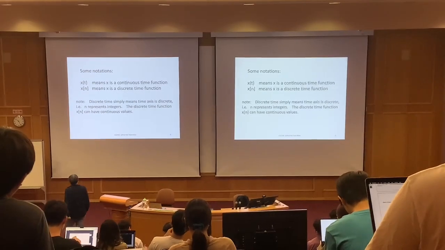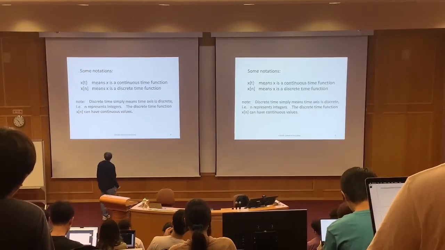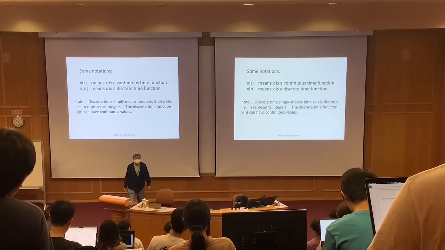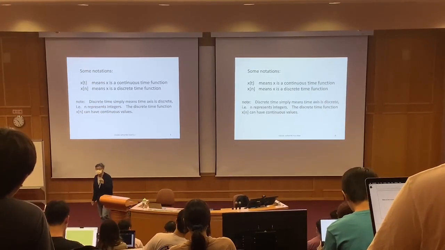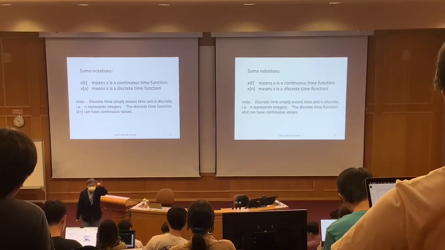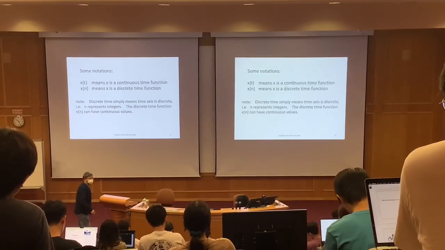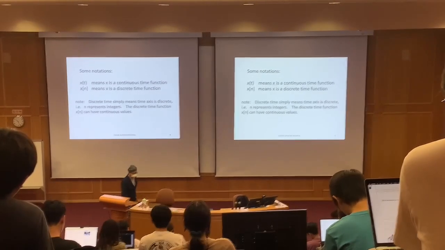Discrete time simply means the time axis is discrete. n represents integers. The discrete time function can have continuous values. This is also one thing that a lot of people get confused about. Only n is an integer, but x[n] can be 1.2, 1.3, 3, or 1 point whatever.